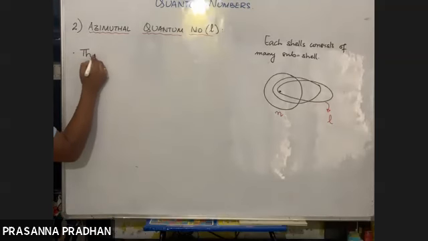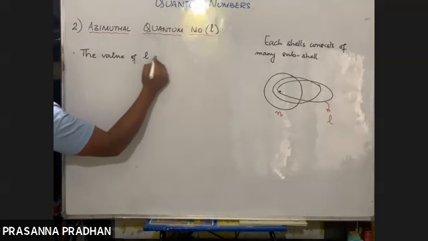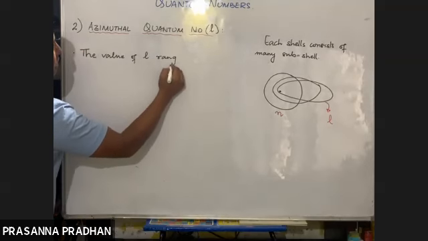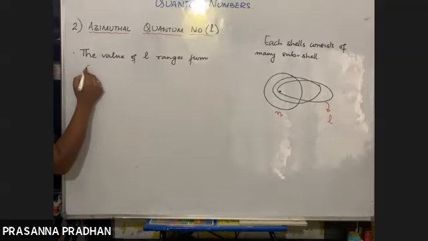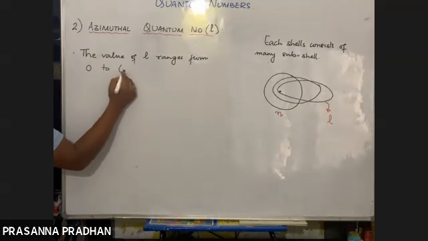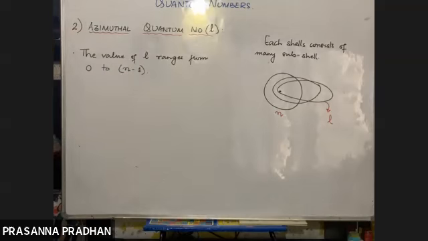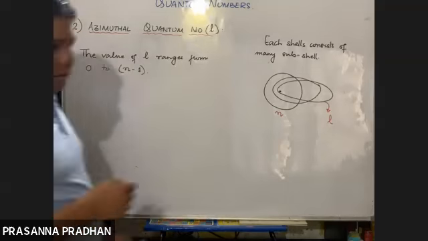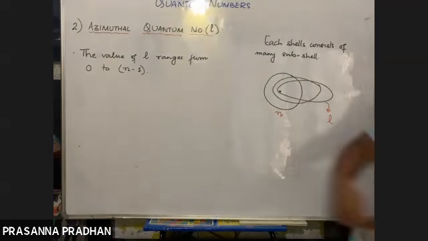The value of L ranges from 0 to n minus 1. I think you have already done this in your school, so you should have an idea about this. The value of n depends upon the principal quantum number.